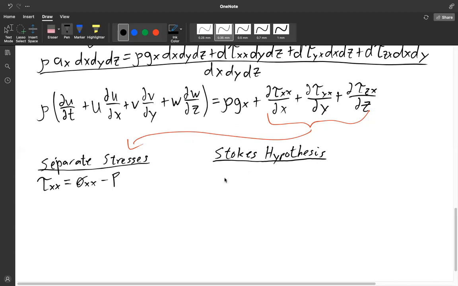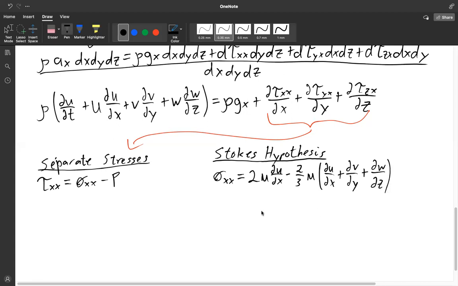So what Stokes hypothesis states is that sigma xx equals 2 mu partial u partial x minus 2/3 mu times partial u partial x plus partial v partial y plus partial w partial z.